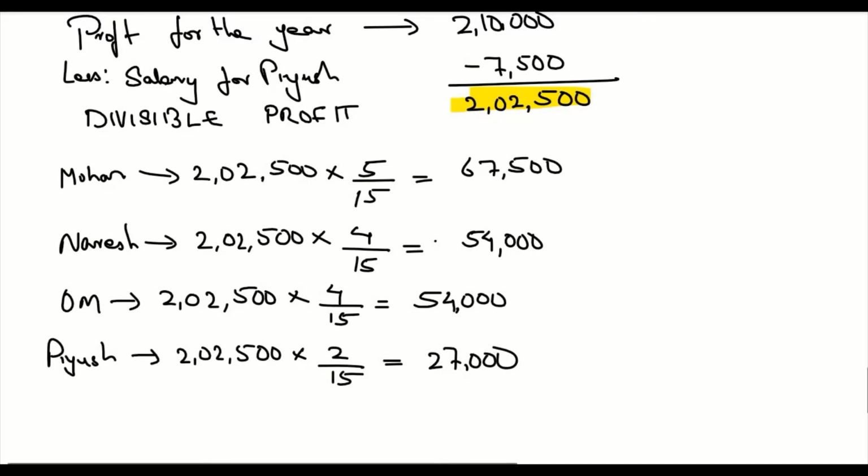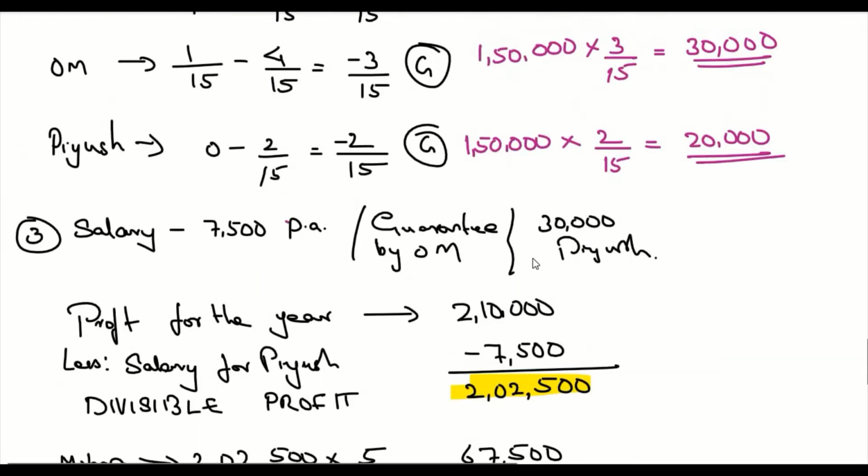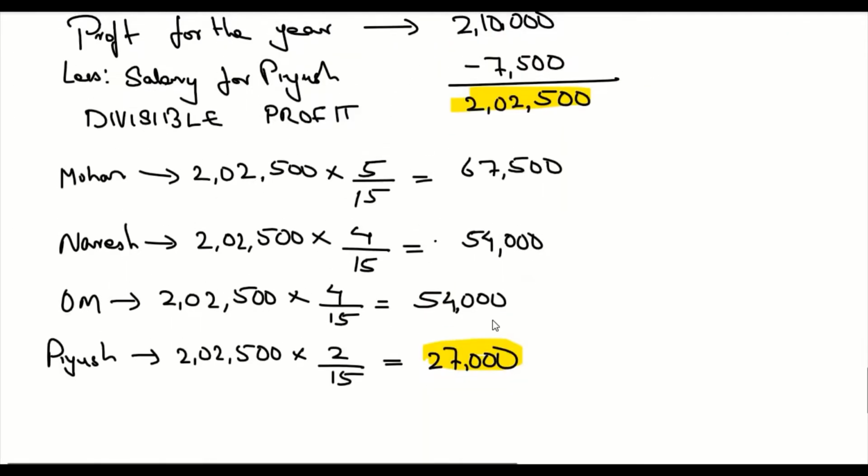Now we need to understand that Om has given a guarantee that Piyush will get 30,000 profit, but he is now getting only 27,000. So there is a guarantee given that Piyush will get a minimum profit of 30,000, but when we divide it based on the profit sharing ratio, he is going to get only 27,000.